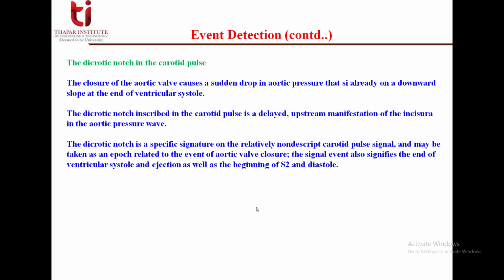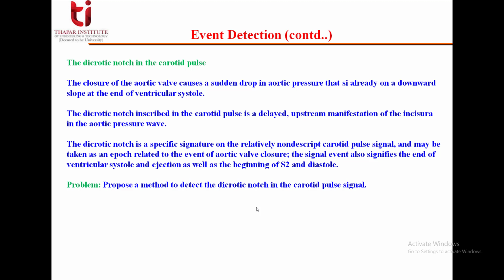The dicrotic notch is a specific signature on the relatively nondescript carotid pulse signal and may be taken as an echo related to the event of aortic valve closure. The signal event also signifies the end of ventricular systole and ejection as well as the beginning of S2 and diastole.